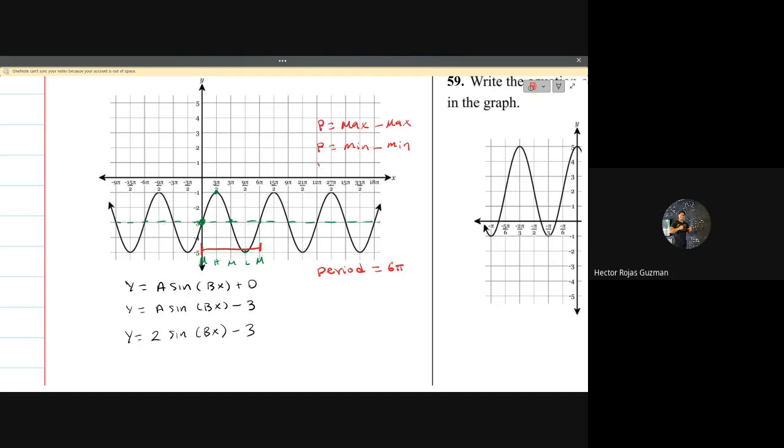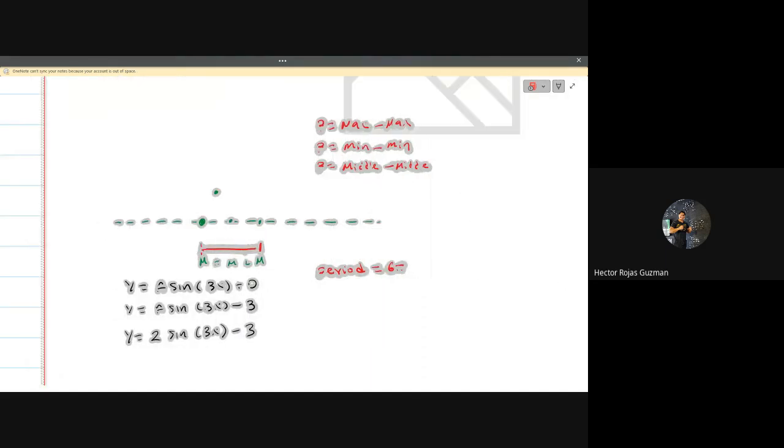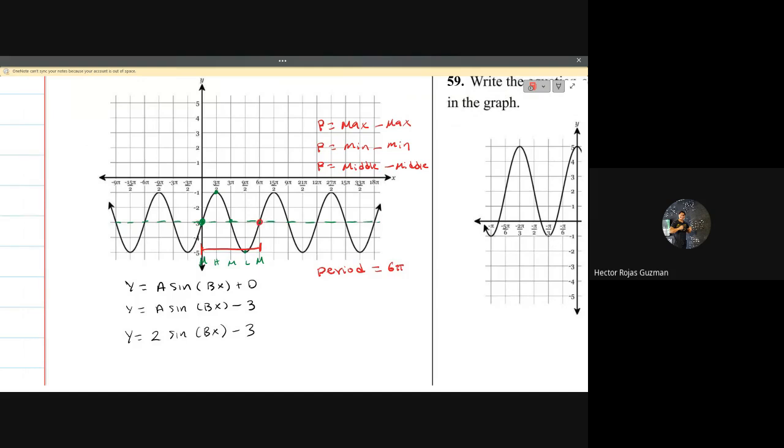And the third thing you could have done is take the middle and subtract the middle. That one gets a little tricky because there's a lot of middles. But I'm taking this point right here, and I'm subtracting this point because those are technically corresponding points. It gets tricky because I have to skip a middle point. But any of those three options will give me the period.